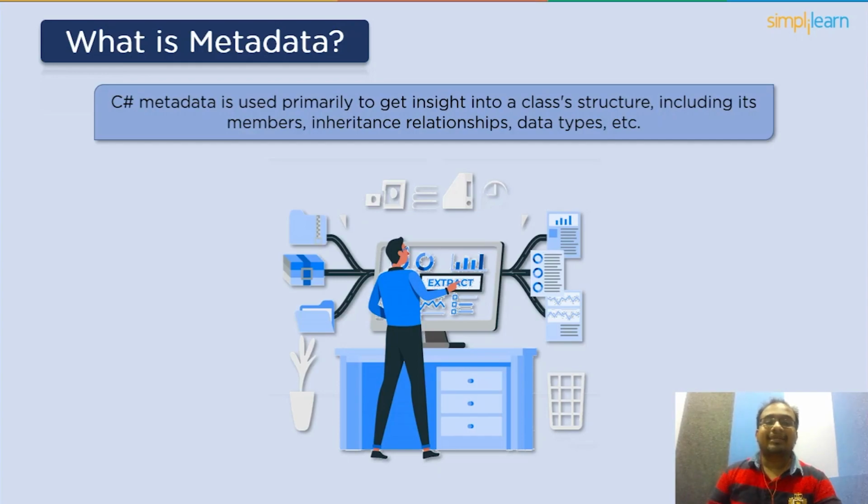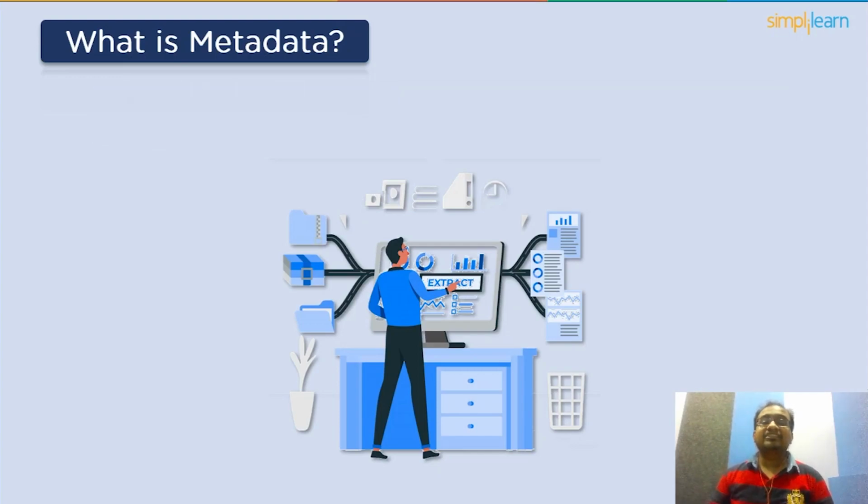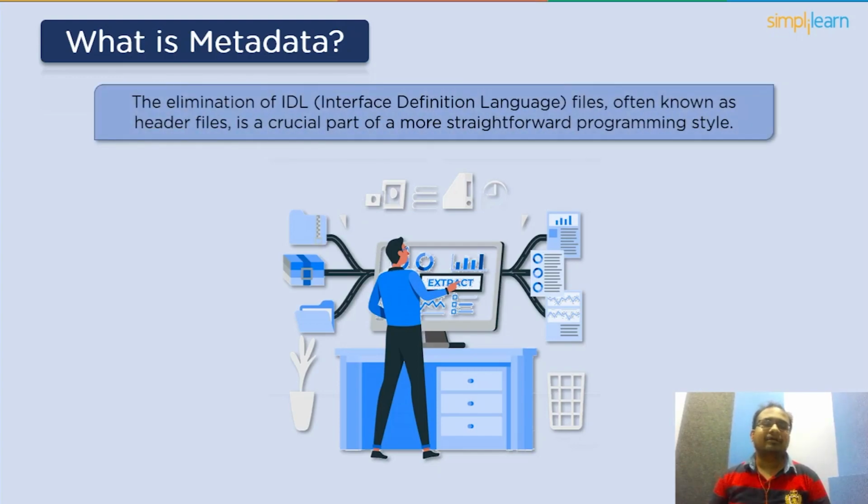The file's metadata is made up of tables and heap data structures. At last, it is essential for a simple programming paradigm and eliminates the need for IDL, that is interface definition language, files and header files.